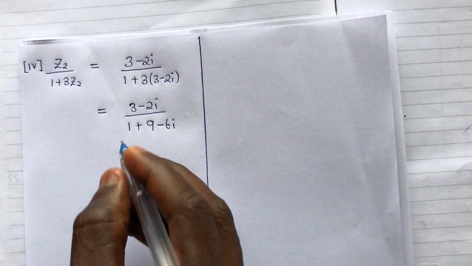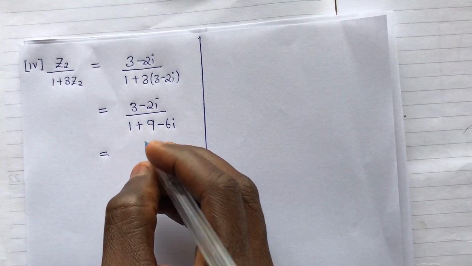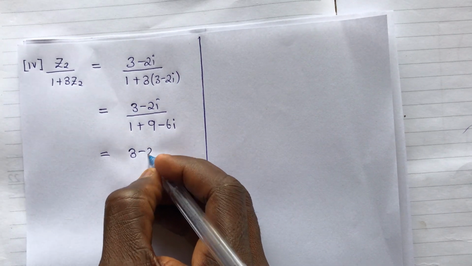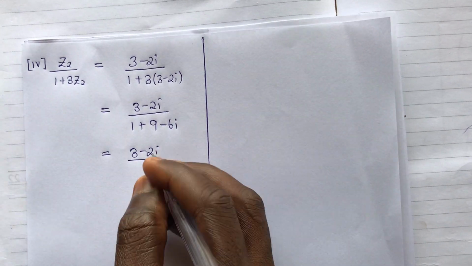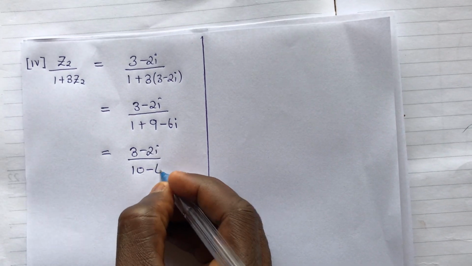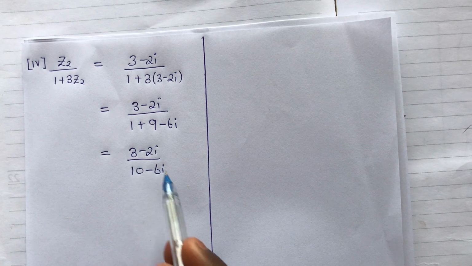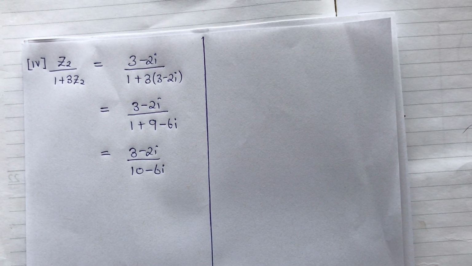So we can then finally say, we have 3 minus 2i all out of 10 minus 6i. So now we have the raw equation that we can now rationalize.